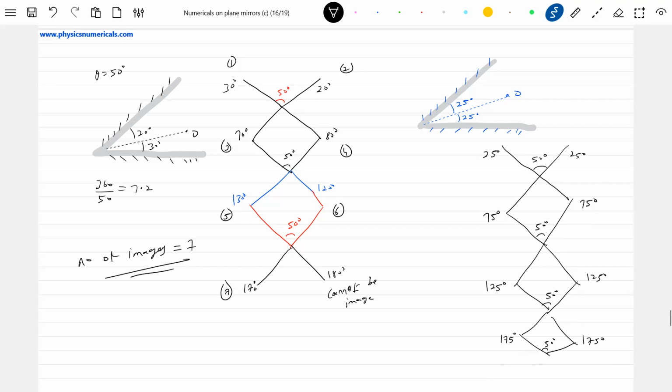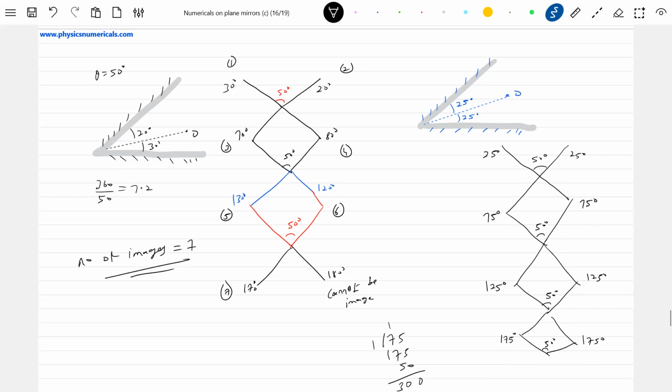Now the final images, will they merge? 175 plus 175 plus 50. The sum of all this is 300.